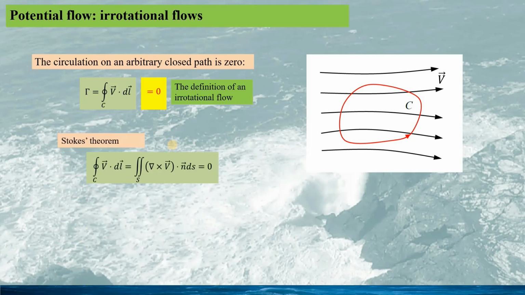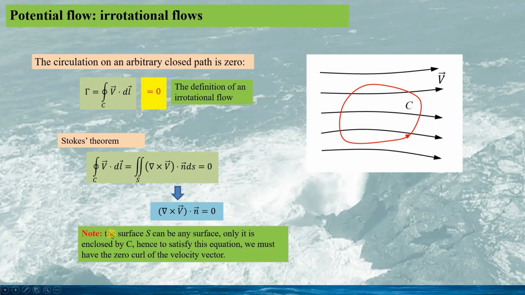Based on the Stokes theorem, we can convert the integral on the closed path C into a surface integral given by this. And if the flow is irrotational, the integration would be 0. From this, we can conclude the integrand in the surface integral must be 0 to ensure the integration would be 0.